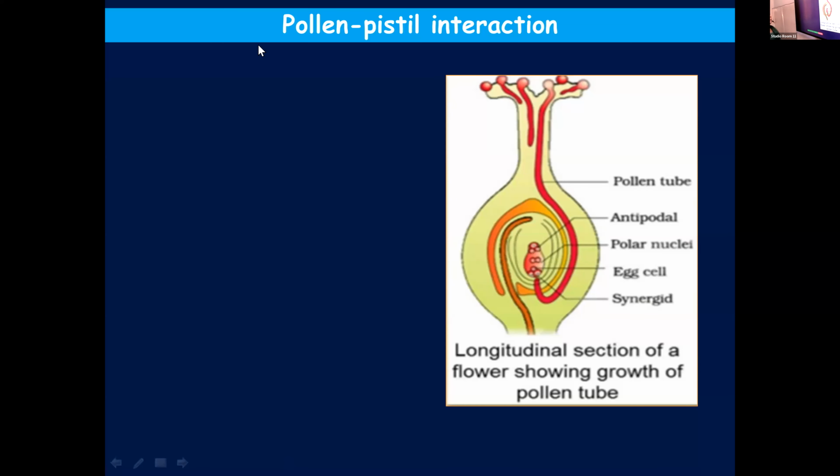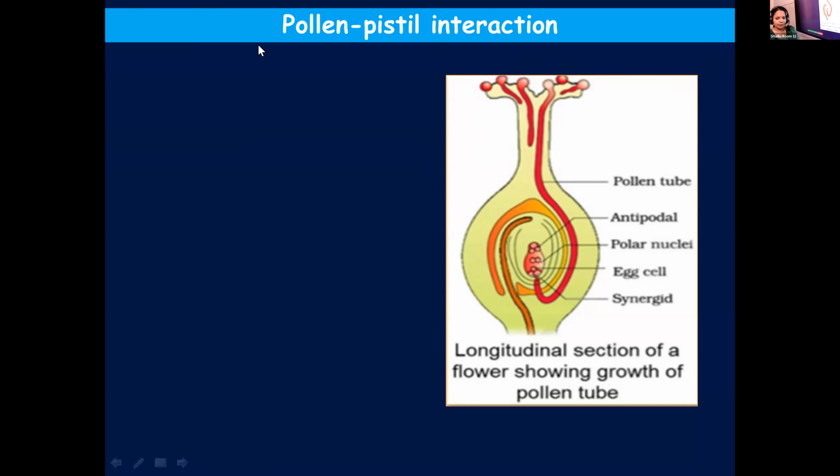Next topic is pollen pistil interaction. You know, pistil consists of three main parts: stigma, style and ovary. So when pollen lands on stigma, what are the changes happening?